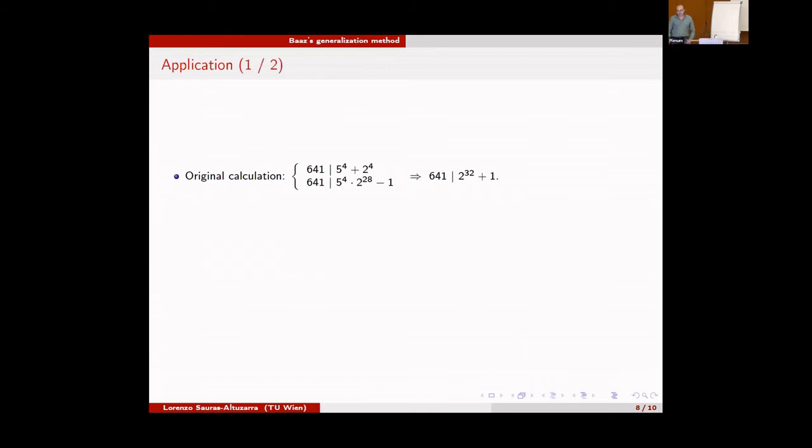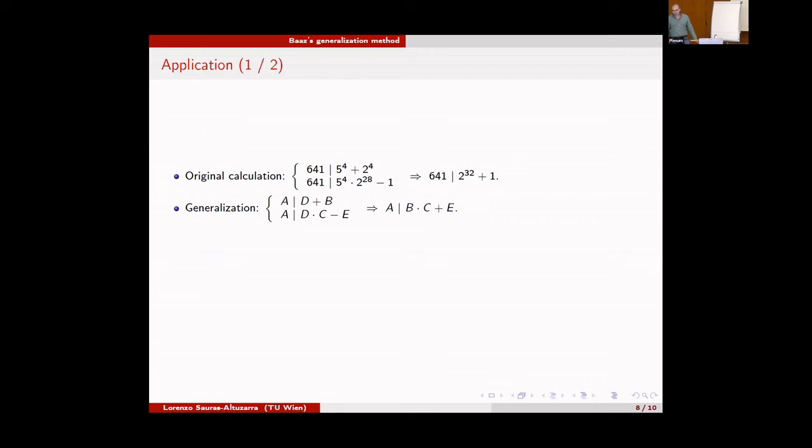Okay, so one application, for example, of this concrete example: we started from this original calculation that 600 divides itself expressed, and we also used the property that it can be expressed as 5 to the 4 plus 2 to the 4, and also we utilized this property of polynomials, and then we obtained the desired thesis.